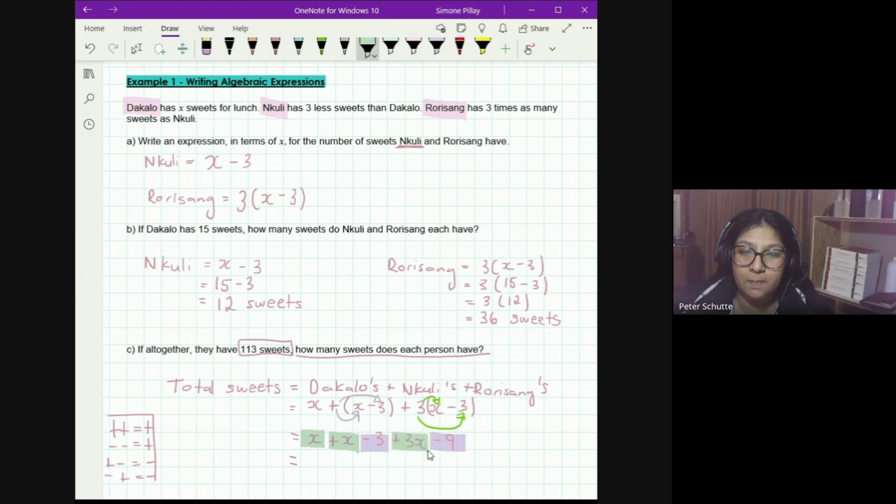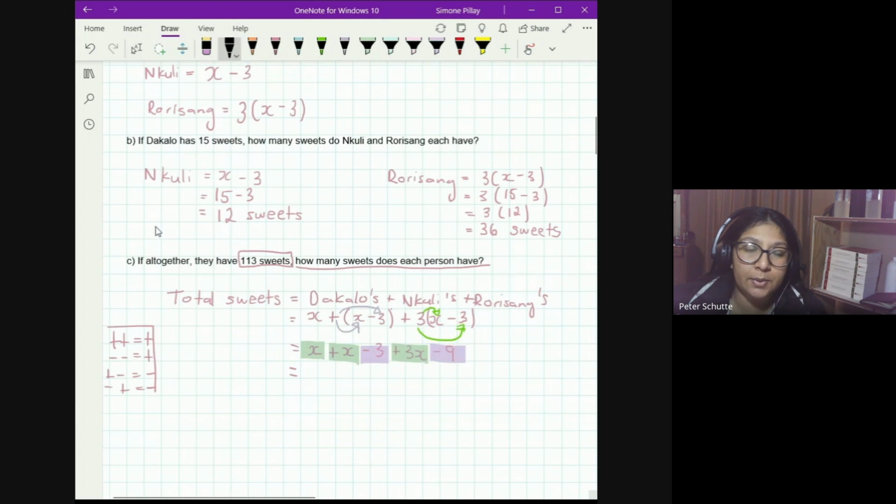Oh, no. So remember, this is a good point for us to recap this. When we are dealing with like terms, we are looking only for the same variable and for the same exponent.